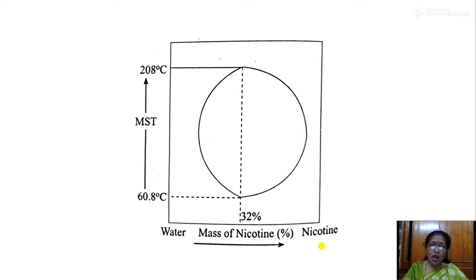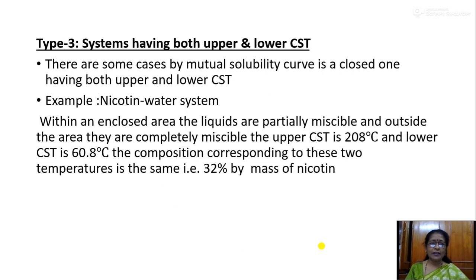When it is heated to above 208, it will become completely miscible. When it is cooled to below 60.8, then also it will become completely miscible. But in between 60.8 and 208, the solution will be partially miscible. That is what is explained over here.